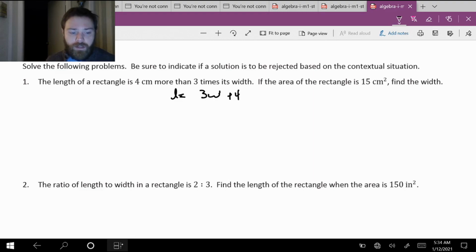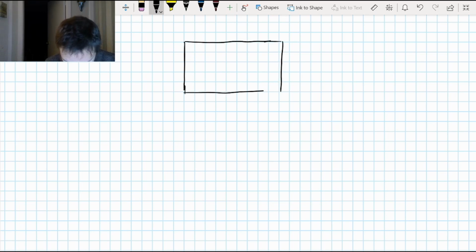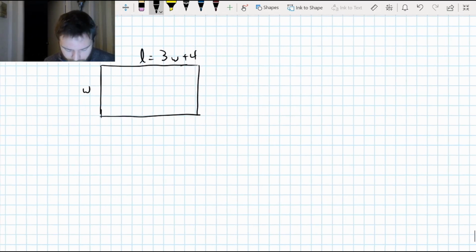Well, that's going to be pretty easy. So our length is going to be 3w plus 4, and then our width is going to be w. And our area, they give us, is 15 centimeters squared.